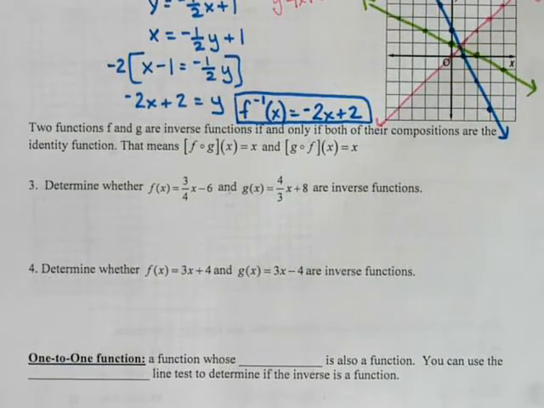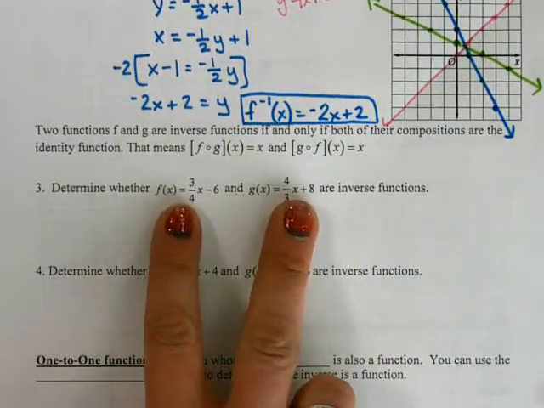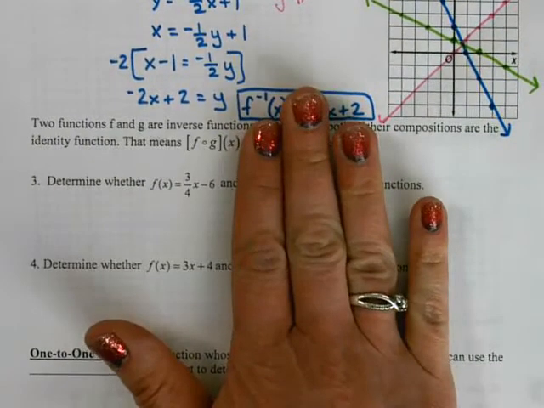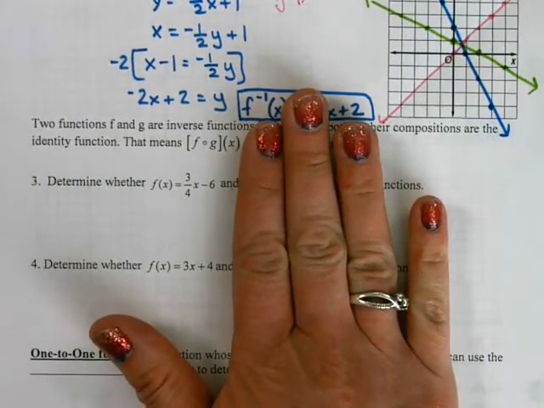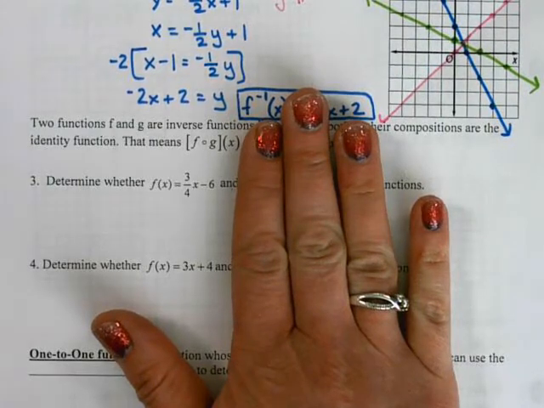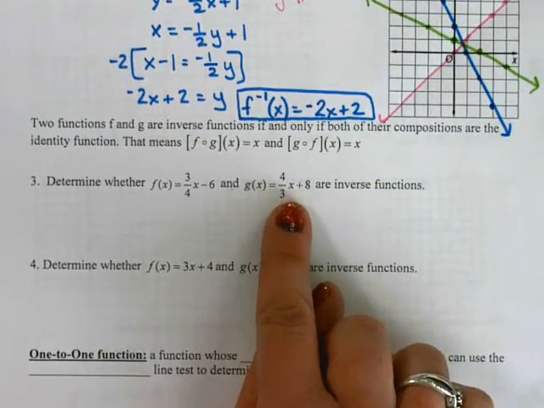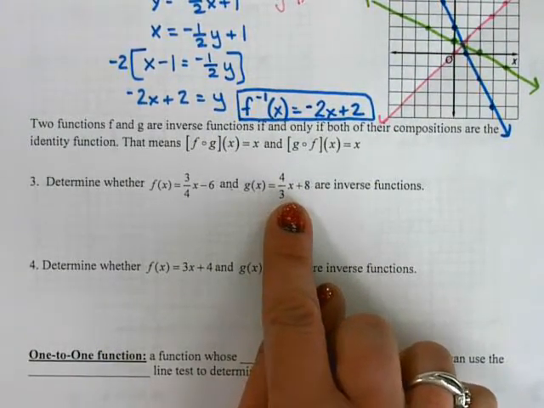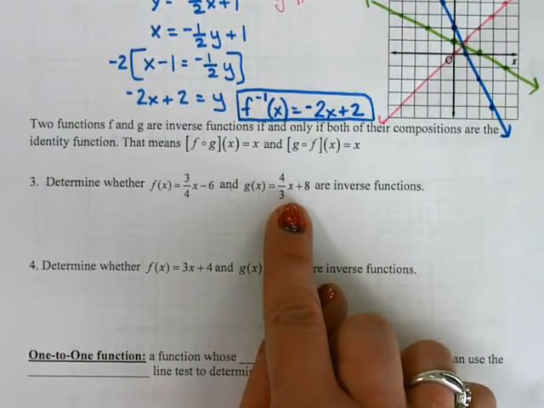What about algebraically? We just do what we just did, and we flip it. What if we did what we just did? We've got two functions. What if I just look at one of them and say, okay, what's the inverse of it? And if your inverse equals the other guy, then they would be inverses of each other, right? That would be a whole lot easier. Do you like that idea better?